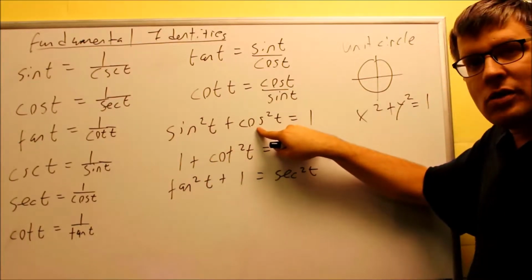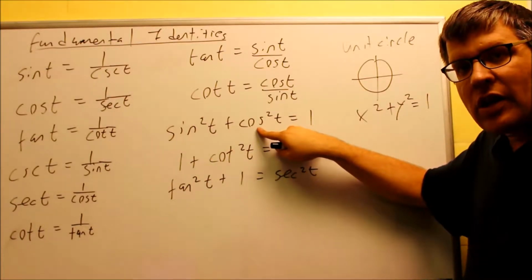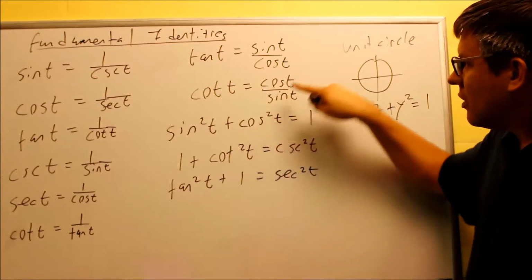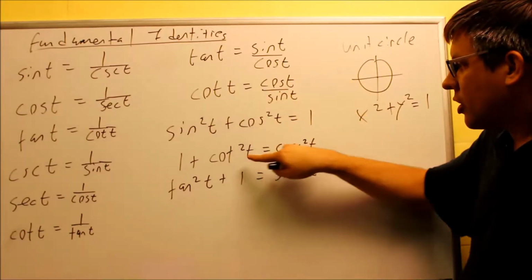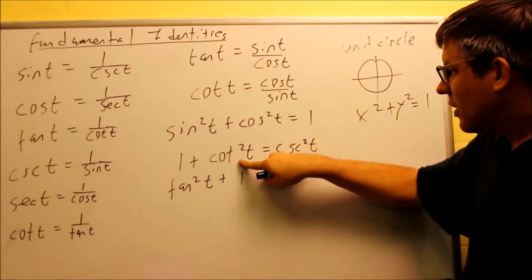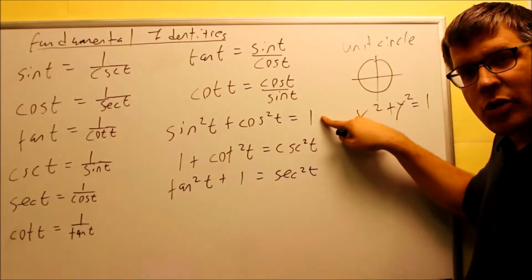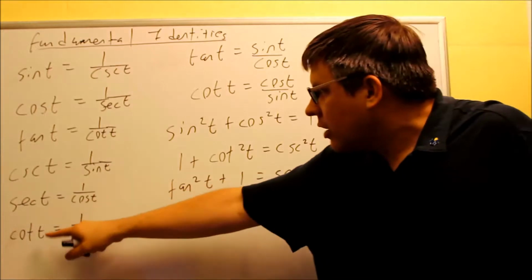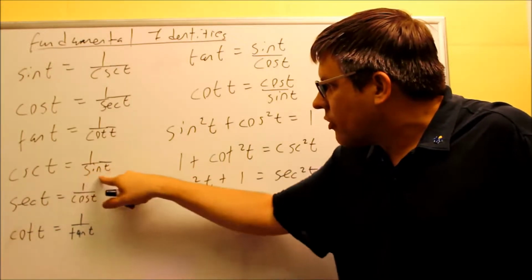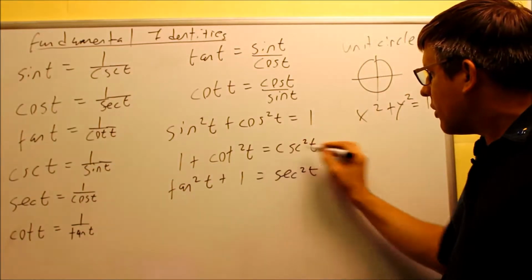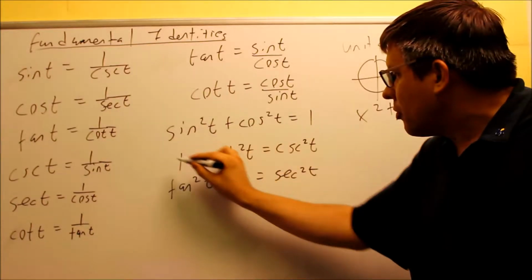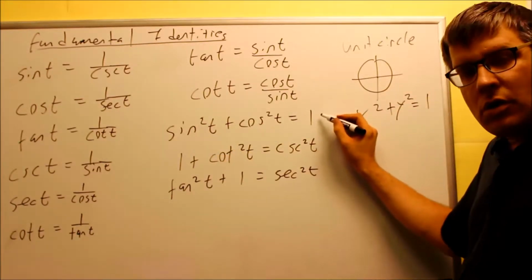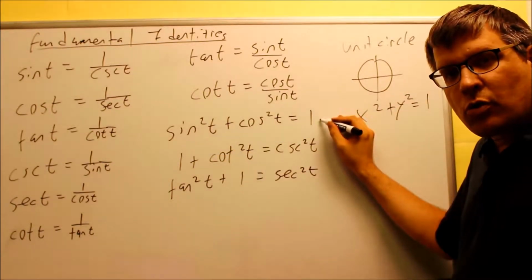If I take this one, divide that by sine squared, I have cosine over sine, cosine squared over sine squared is cotangent squared. If I take this one, divide by sine squared, 1 divided by sine squared is going to be cosecant squared. That's where I get this from on the end. So this formula here got derived from sine squared plus cosine squared equals 1.